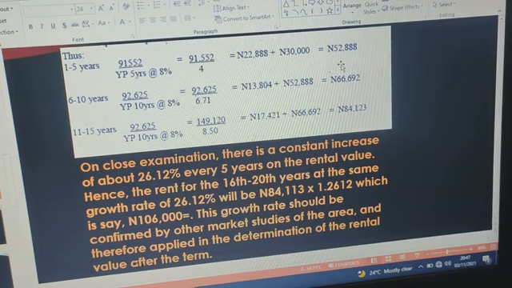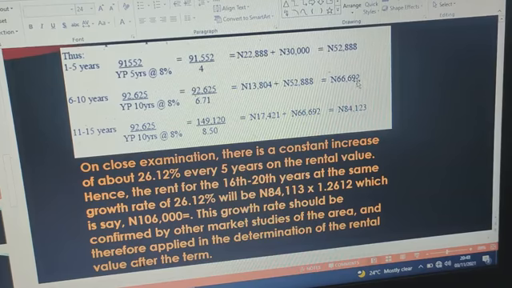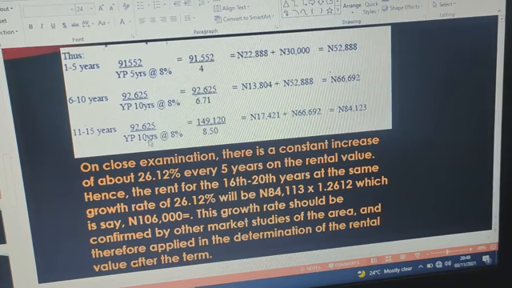YP 5 years at 8%, 4. 6 to 10 years: 92,625 equals N13,804 plus N52,888 equals N66,692. YP 10 years at 8%, 6.71.